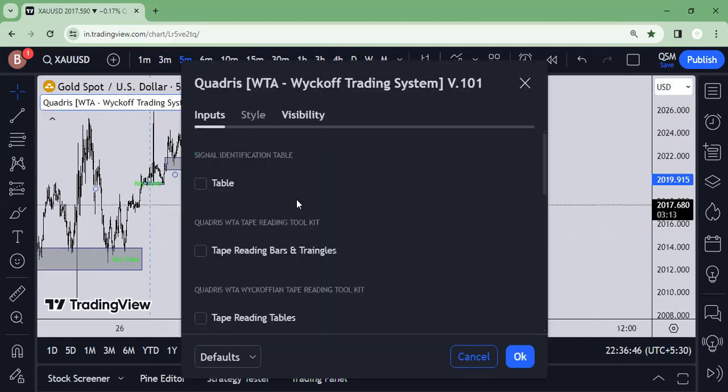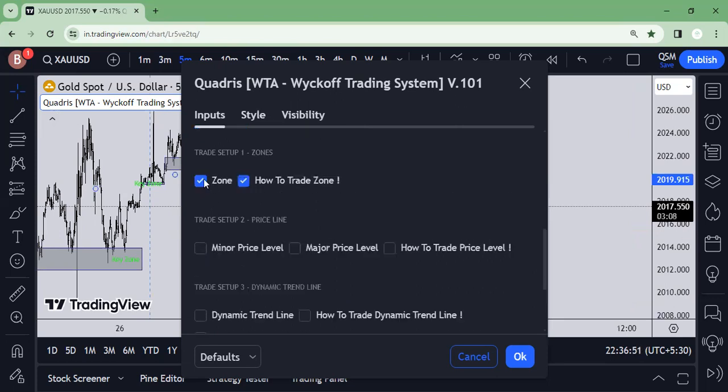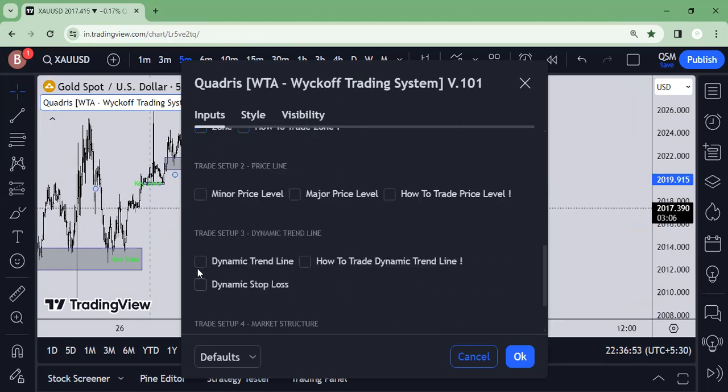Okay, so the zone is not coming up, I guess. Now we'll come down to dynamic trend lines and how to trade dynamic trend lines.